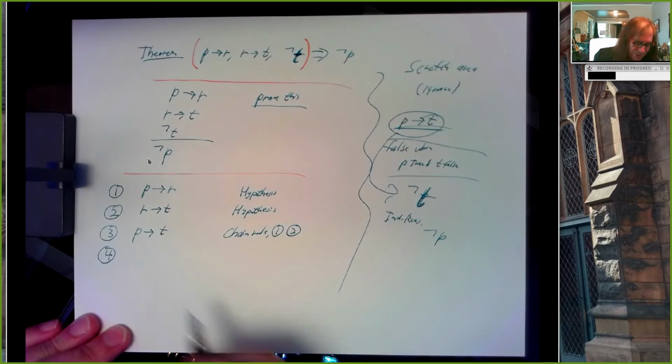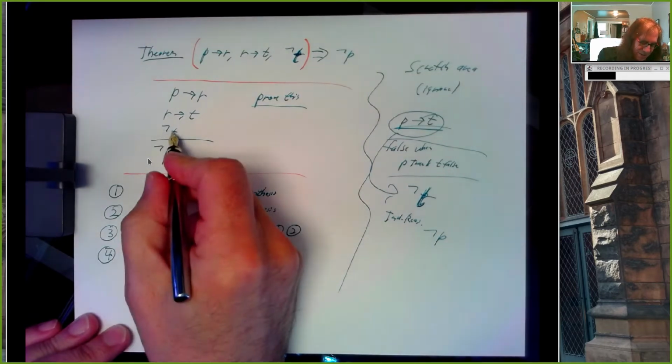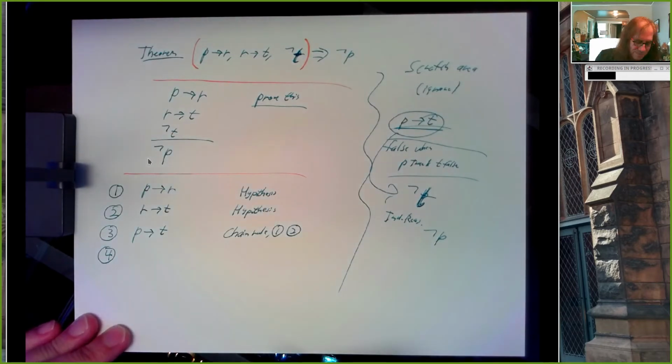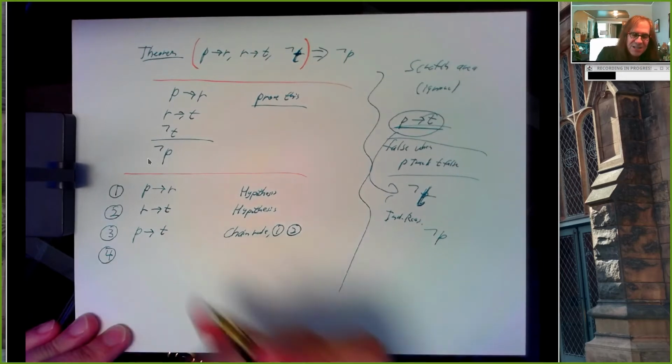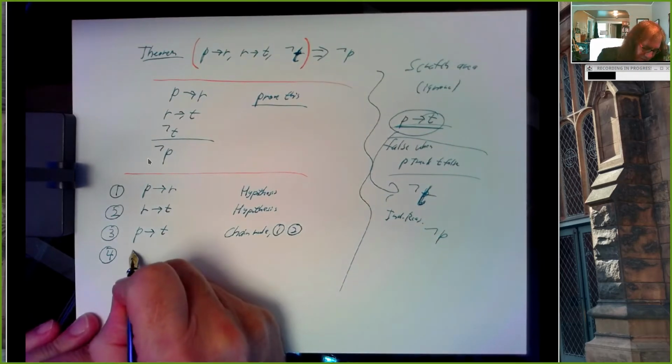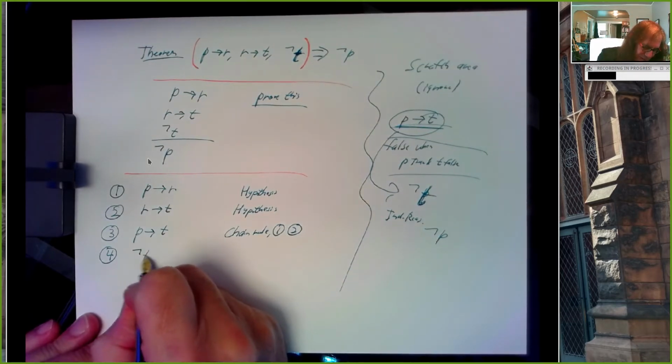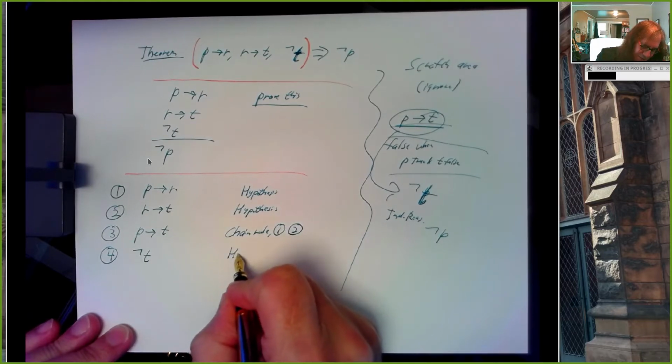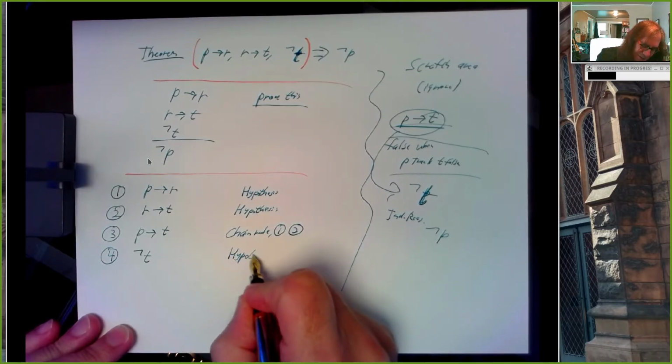And I'm going to use this together with not T to get not P. Well, I have to state that not T is true. So that's going to be my fourth proposition, not T. And the justification for that is that it's a hypothesis.